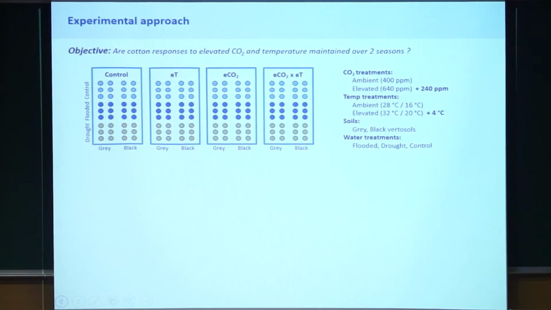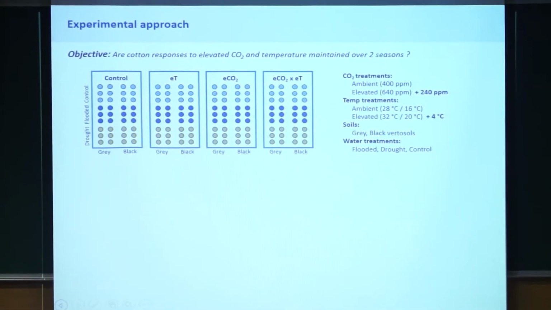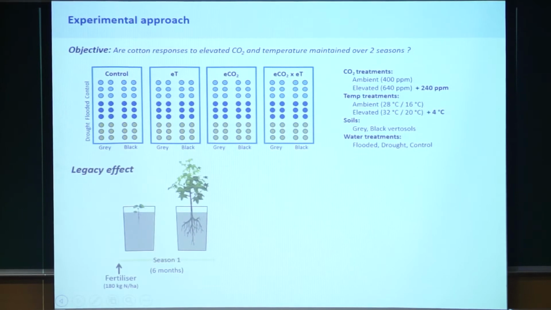So what we did is we took that first year's experiment and we took all the data from that, and then we generated what we would call the legacy effect. So just to recap, we had these plants, we fertilized the soil, this is what a farmer would do. We put the plant in a pot. When I say pot, I mean a really big pot, so it's not really limited.